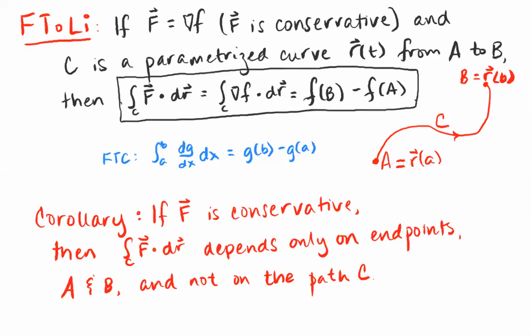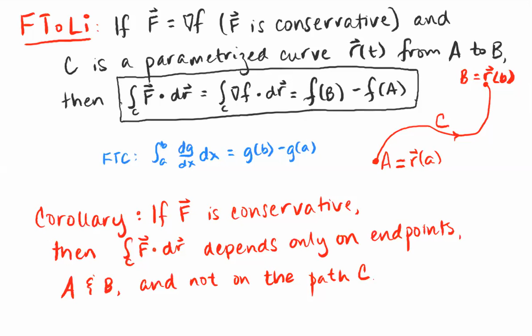In one the answer was 2, and the second time the answer was 11/6. Because those 2 values are different, that could not be a conservative vector field. If you have a conservative vector field, you'll get the same answer no matter what curve you choose between 2 given endpoints.